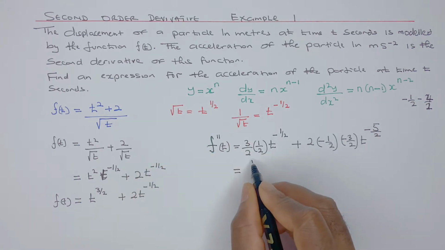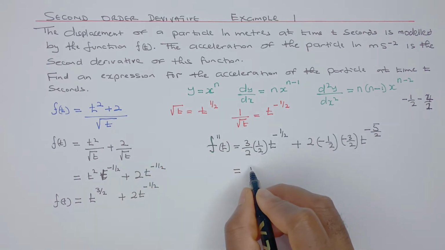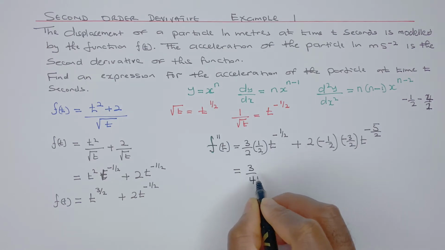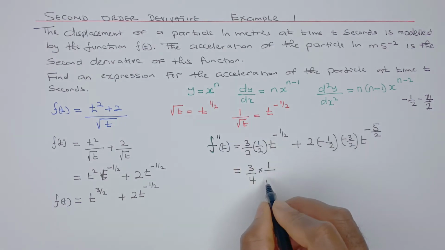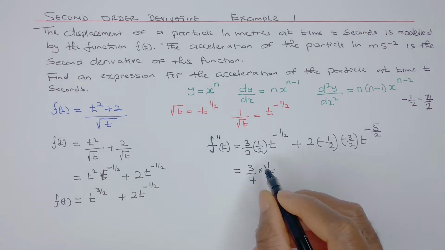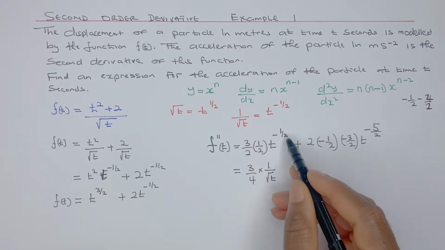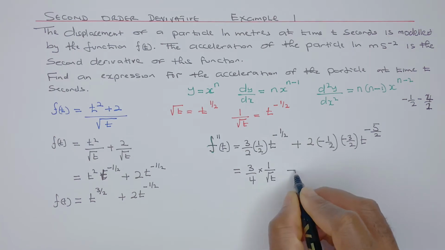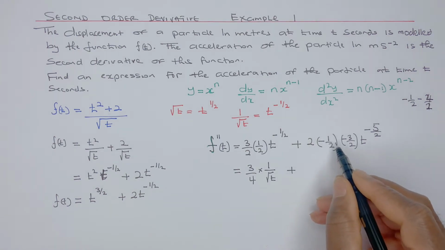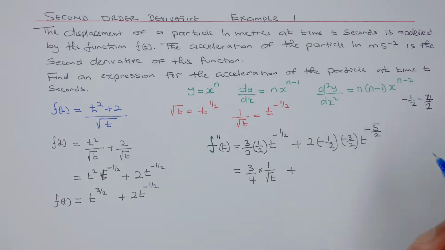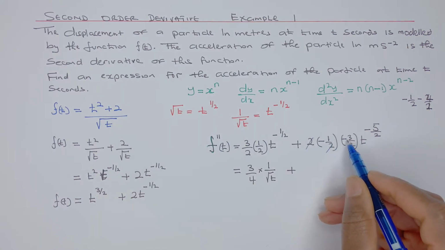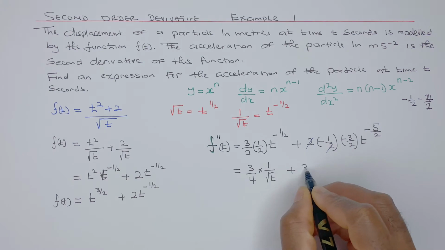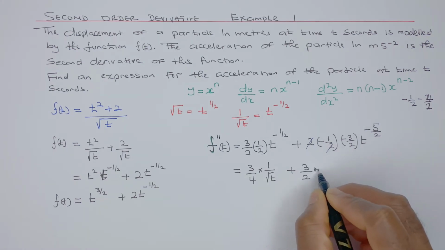That one here would be 3 times 1, so that would be 3 over 4 times 1 over root of t, because that's 1 over root of t. Plus, well, 2 we cancel 2. Minus 1 times minus 3 over 2 plus 3 over 2 times.